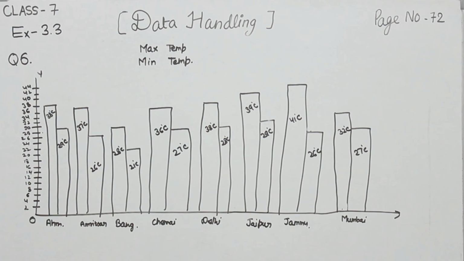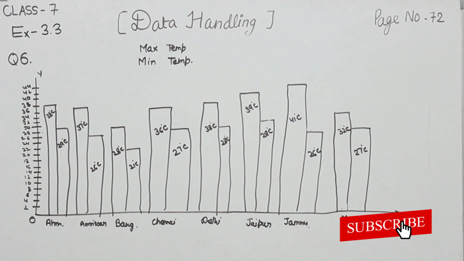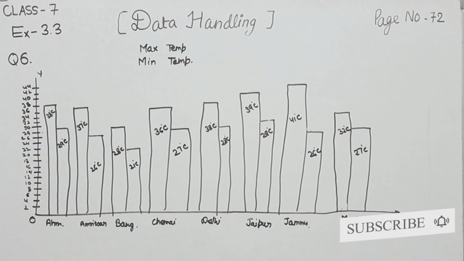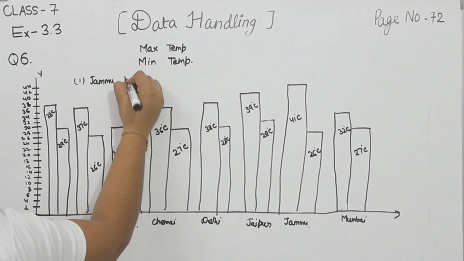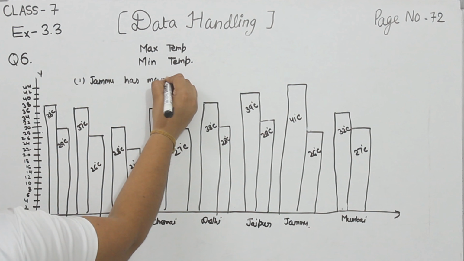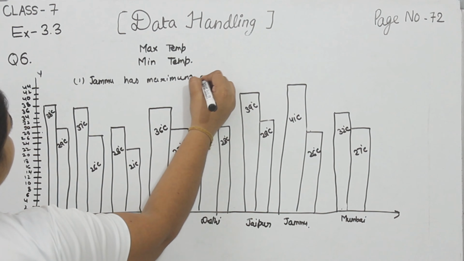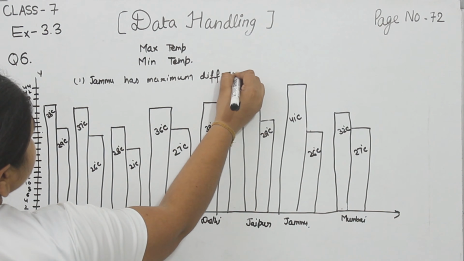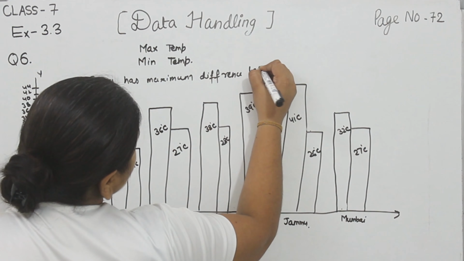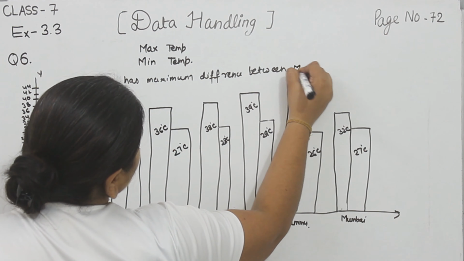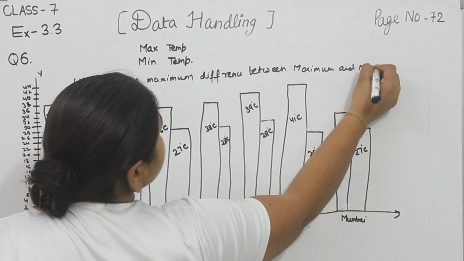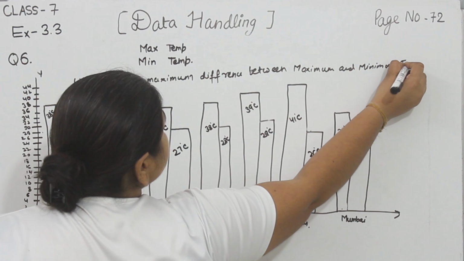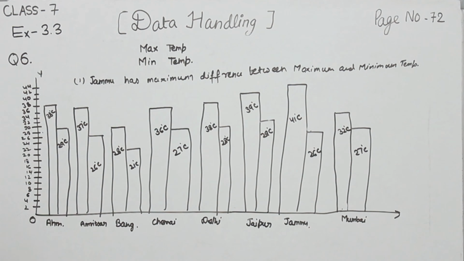So for the first one, the answer is Jammu has the largest difference between maximum and minimum temperature. This is part 1.